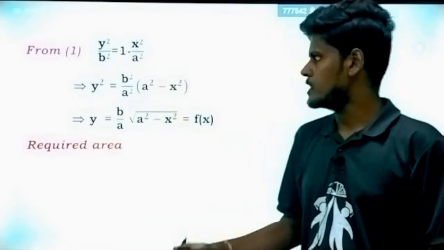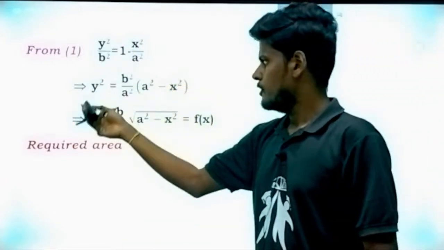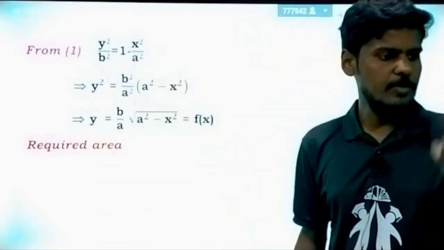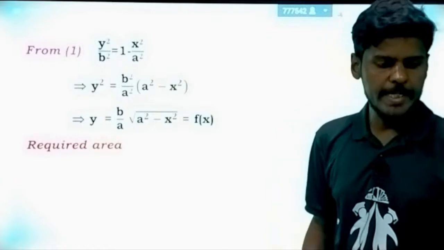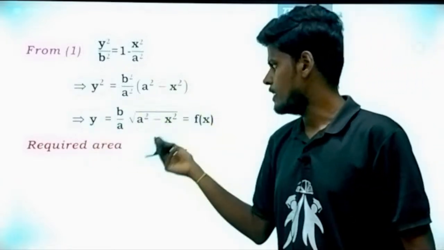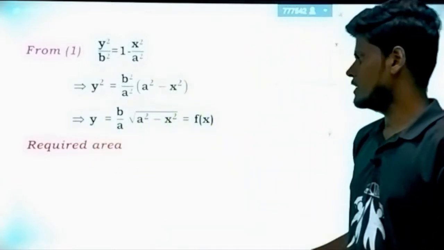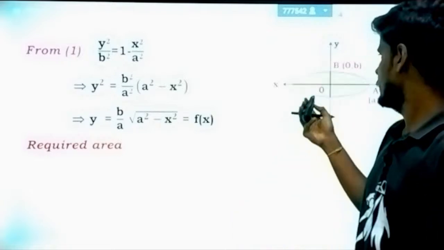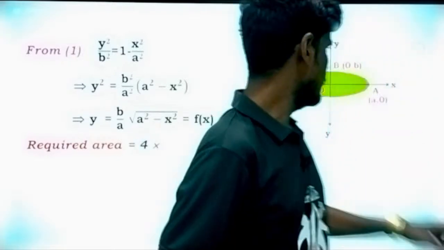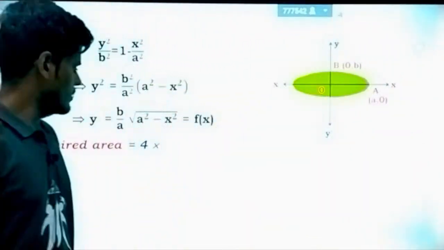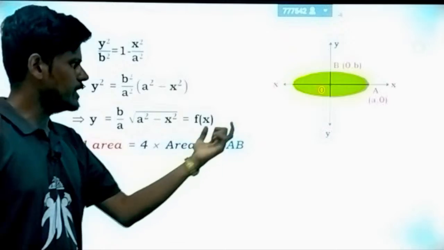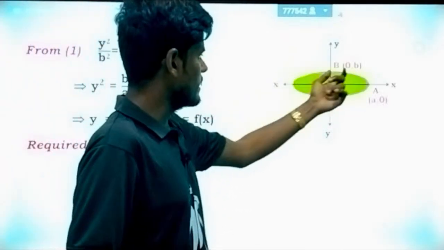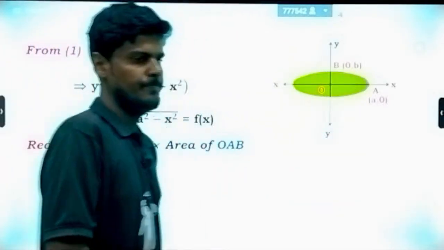And then from the equation of the ellipse, find the value of y, because we need to write this integral as y dx. So we'll find the value of y first, and then the required area will be 4 times the first quadrant area. So that will be 4 times the area of OAB, that is the area in the first quadrant.